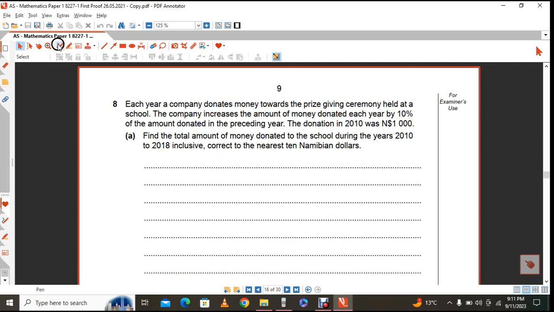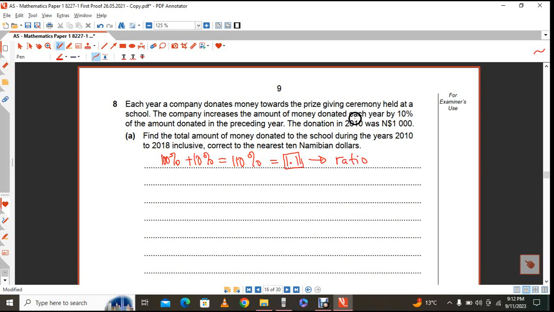So that 10% there indicates 100% plus 10%, which is like 110%, which is equal to 1.1. And this 1.1, this is the common ratio.